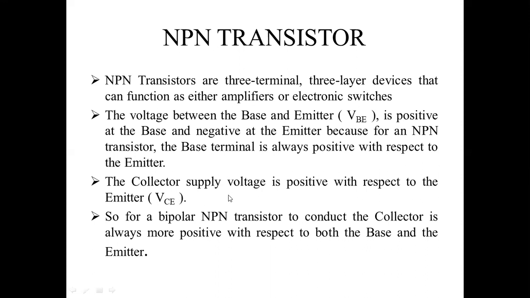The collector supply voltage is positive with respect to the emitter because the collector terminal is N type semiconductor, so it should always be reverse biased. For that reason, for N type semiconductor, we have given the positive supply here now.